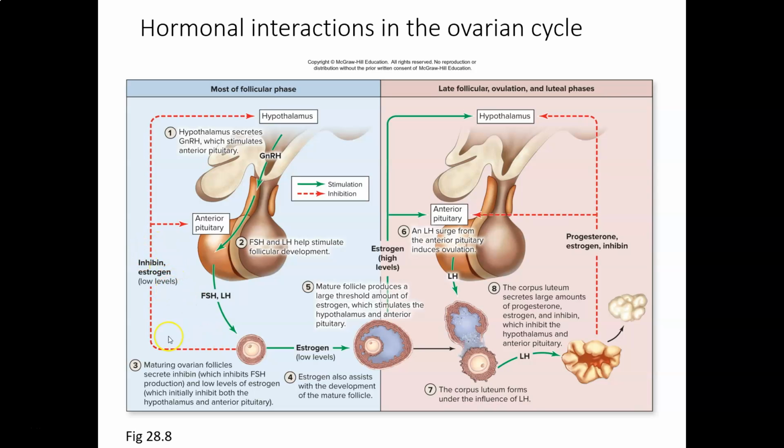The follicle not only secretes estrogen, but also secretes something called inhibin. And that, at low levels of estrogen, is going to feed back and inhibit the further production of FSH and LH. So that's why the FSH and LH levels tempered off towards the second half of the follicular phase because of this negative feedback.